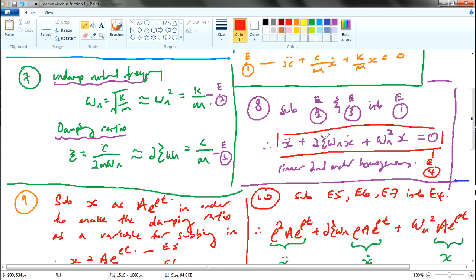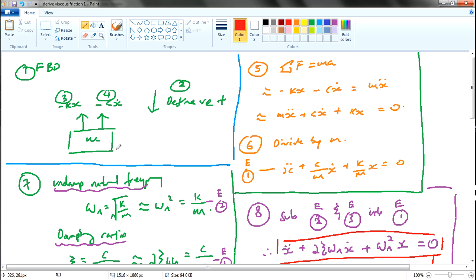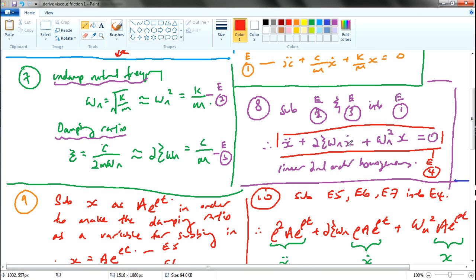The displacement x is dependent on the damping ratio. So the displacement of the mass itself, how much it moves, is all dependent on the damping ratio and the natural frequency of the spring itself. So that's why we have it in terms of natural frequency and the damping ratio.